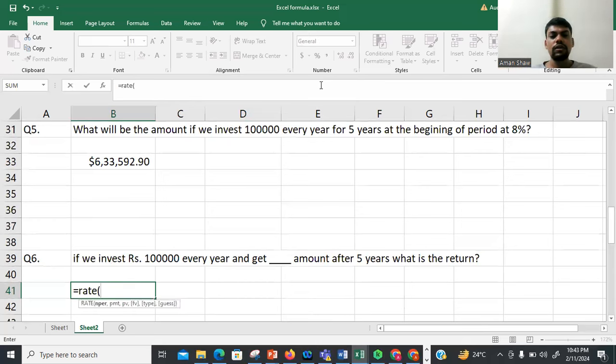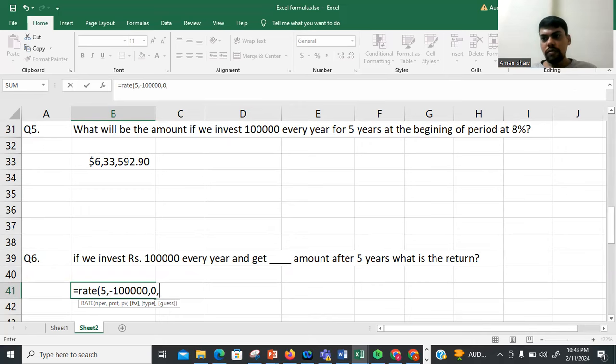So it's like calculating the compounded annual growth rate. So rate, number of periods, which will be 5 years. In case it is monthly, again as I told you, it will be the number of periods. So here 5 years. PMT, how much you are paying out every year? So it will be 1 lakh, 1 2 3 4 5. Present value, are you investing anything lump sum? No. What is the future value?